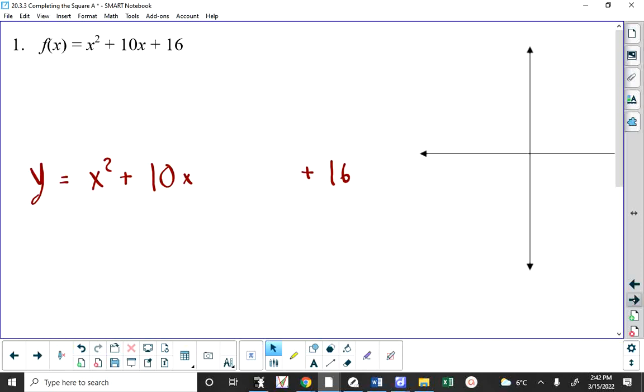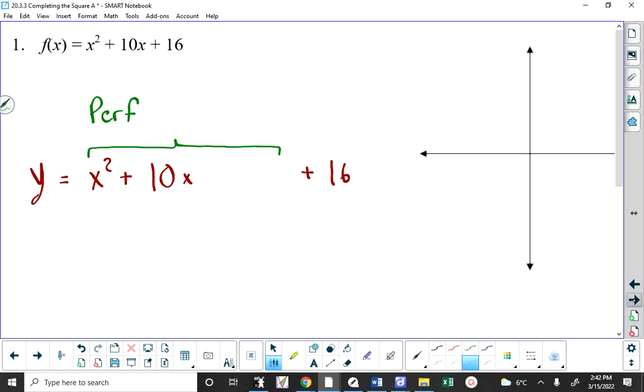What we want is to make this a perfect square trinomial. Because if we can make that a perfect square trinomial, and this is subtle, then we can write it as a binomial squared.